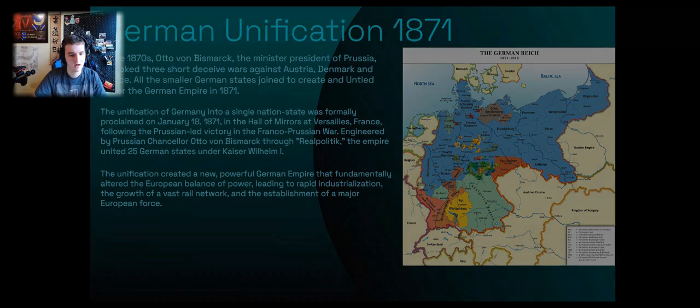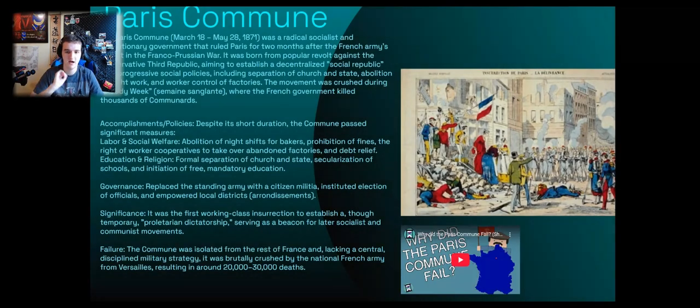The 19th century. Here we go. Now we have the Paris Commune, which lasted from March 18th to May 28th of 1871. It was a radical socialist and revolutionary government that ruled Paris for two months after the French army's defeat in the Franco-Prussian War.